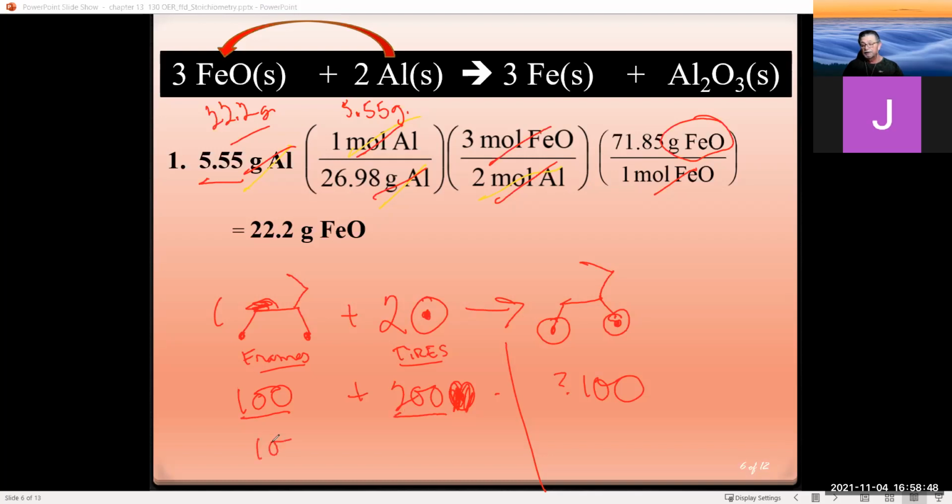But if I have 100 frames and I have 300 tires, well, how many assembled bikes would I have? Got 100 frames, 300 tires. I'm assembling the bikes, how many would I have?